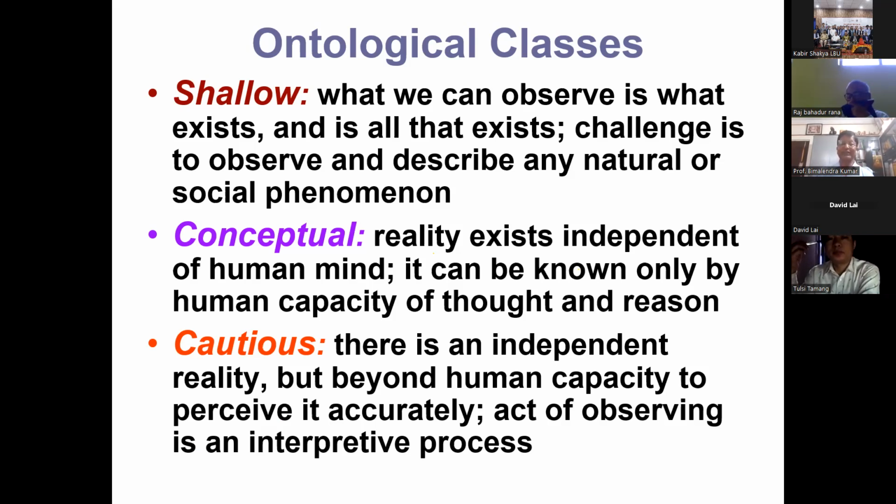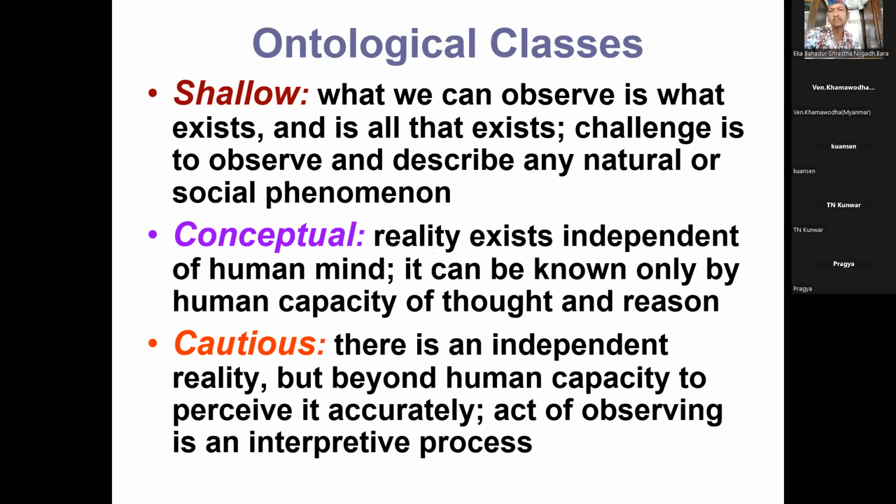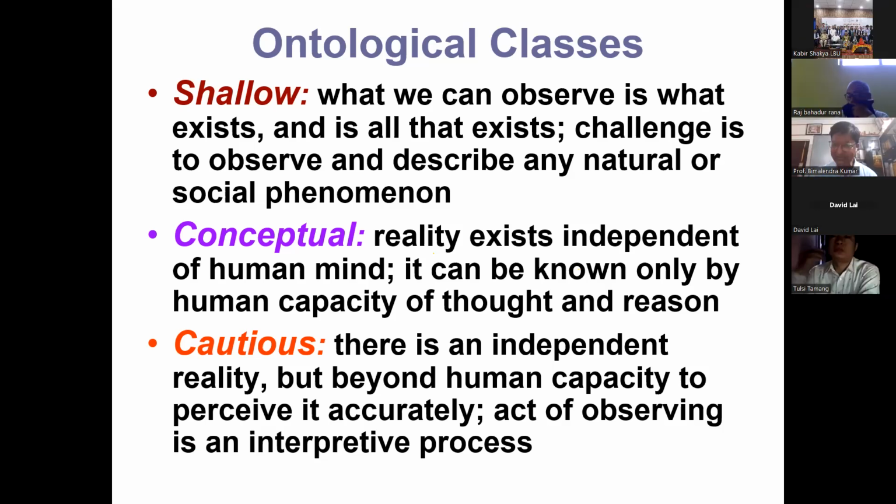So the first division under this ontology discipline is that what we can observe is what exists, the things available to us, and the challenge is to observe and describe natural or social phenomena. How you describe how man, nature, and environment are correlated, and how things happen in our day-to-day life.